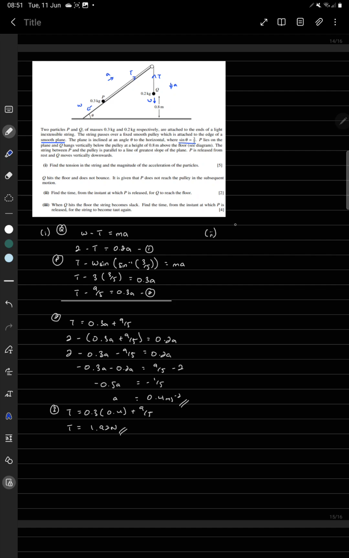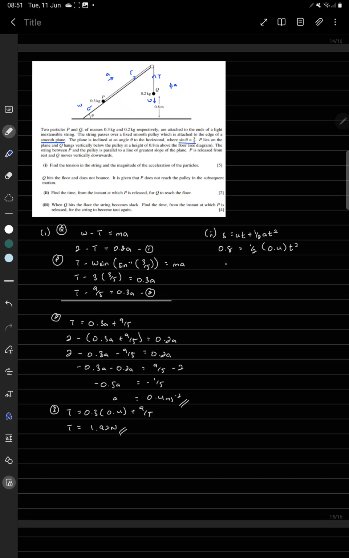So the most reasonable thing to do, let me double check. We cannot assume it ends in 0, so we'll have to use s equals ut plus half at squared. The distance or displacement is 0.8. Initial velocity is 0, have half here, acceleration is 0.4, and we have t squared. That's what we're trying to find, t.